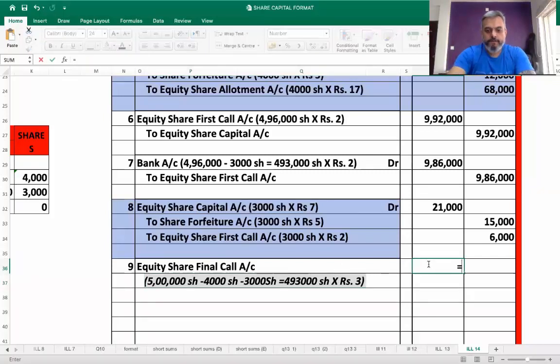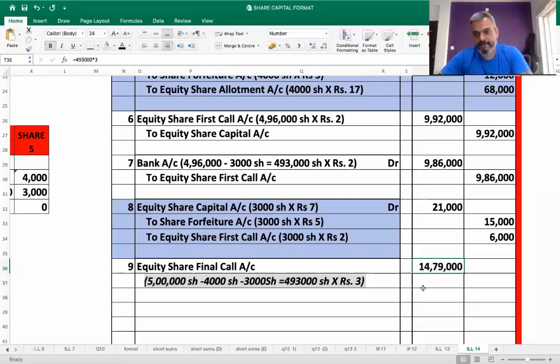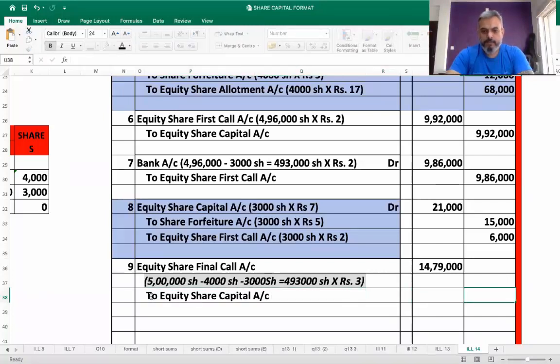So 4,93,000 shares into 3 is 14,79,000. To equity share capital account, 14,79,000.